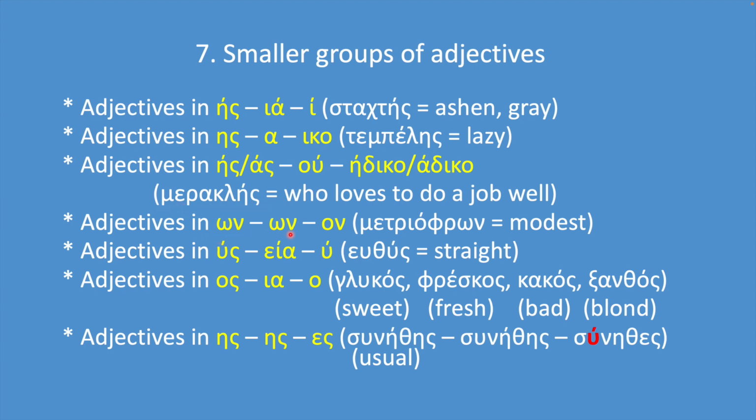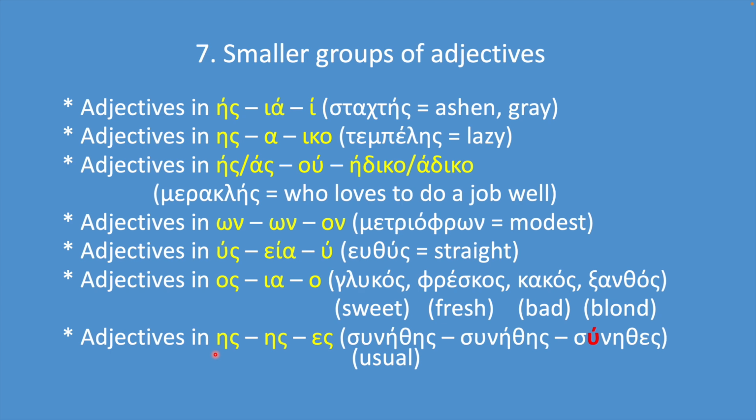Adjectives in on. For example, μετριόφρον. Adjectives in is, ia, i. For example, ευθύς. Adjectives in os, ia, o. For example, γλυκός, φρέσκος, κακός, ξαθός.